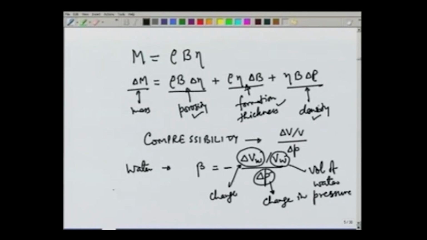As we know, the piezometric head H is P over gamma plus Z, where P is the pressure and Z is the elevation. Therefore, a change in pressure delta P can be written as gamma into change in piezometric head delta H. So, we will be using this relation later on to find out the storage coefficient.